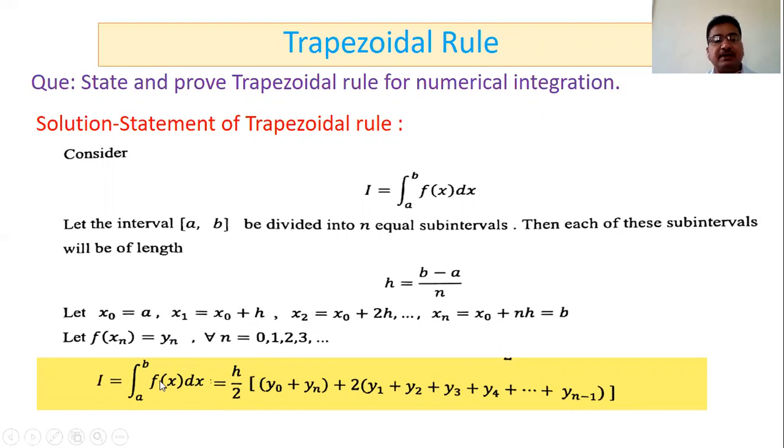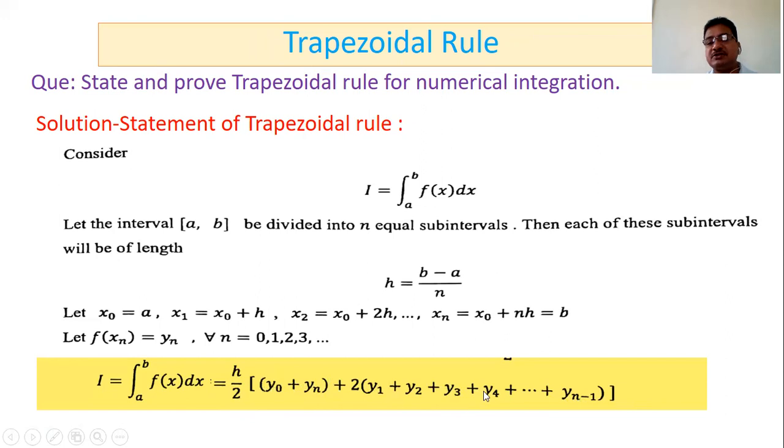And the integral from a to b of f(x) dx is h by 2 times [(y0 plus yn), the first value plus the last value in one bracket, plus 2 times the remaining values of y], remaining meaning other than y0 and yn.